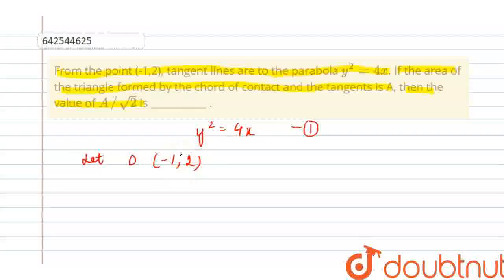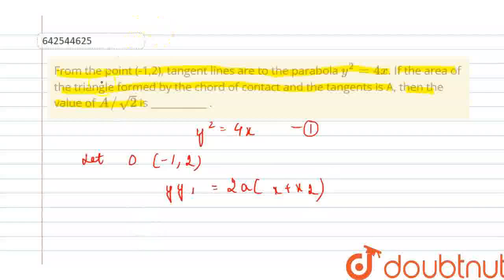So we know that the equation for the chord of contact with respect to any particular point (x1, y1) is given by y y1 is equal to 2a into (x plus x1).